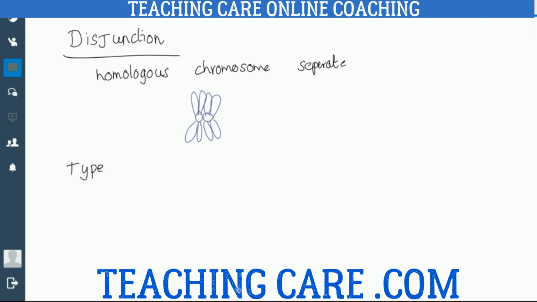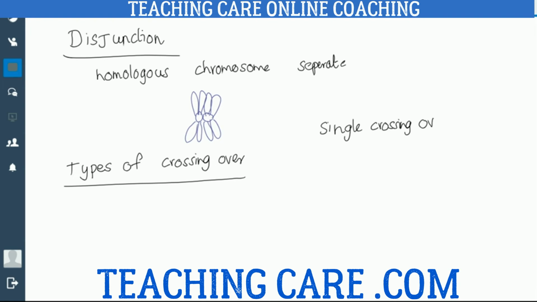again there are types of crossing over. So in these types of crossing over, there are single crossing over, double crossing over, multiple crossing over.